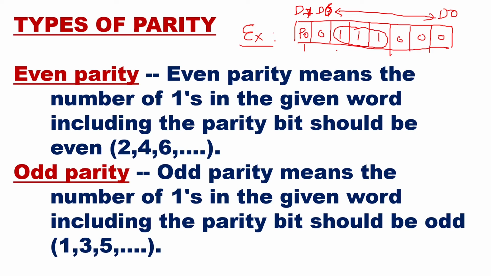Here, the definition for even parity means the number of ones in the given word, including the parity bit, that is the 8th bit, D7, should be even. Similarly, for odd parity, the number of ones in the given word, including the parity bit, that is the 8th bit, D7, should be odd: 1, 3, 5. So this is the simple definition of even parity and odd parity.